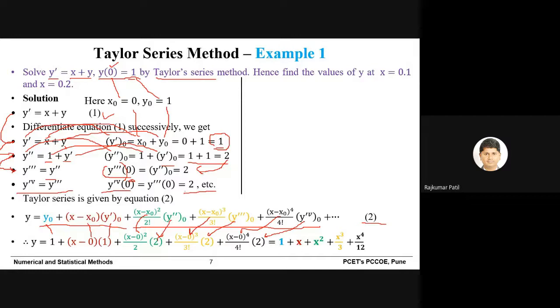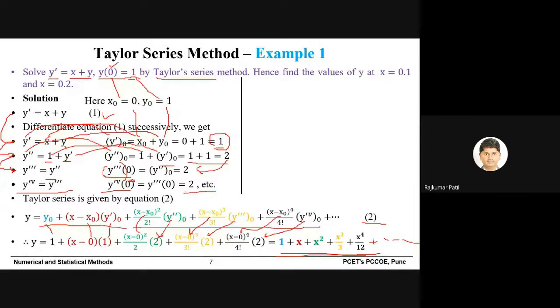So upon simplification, you will get y is equal to 1 plus x square plus x cube upon 3 plus x raised to 4 divided by 12 and so on. So in this way, you can derive an equation by using the Taylor series method, and it is here.